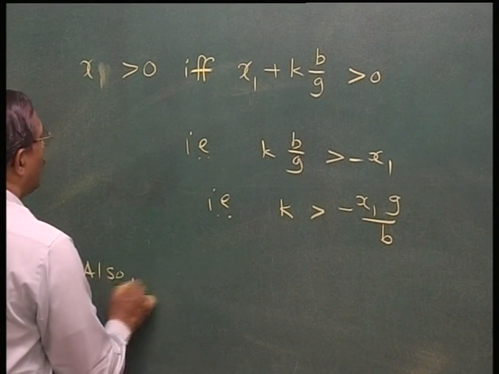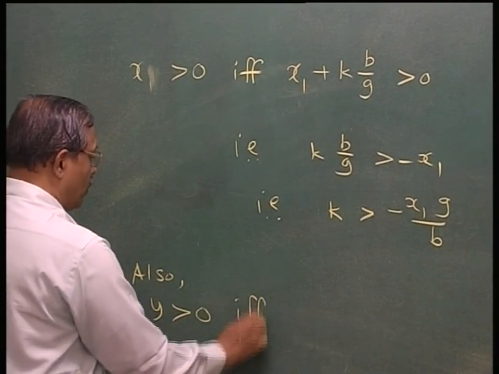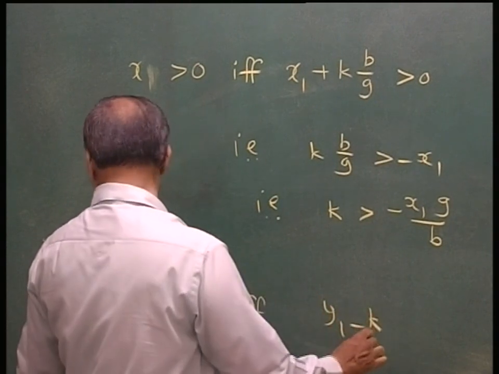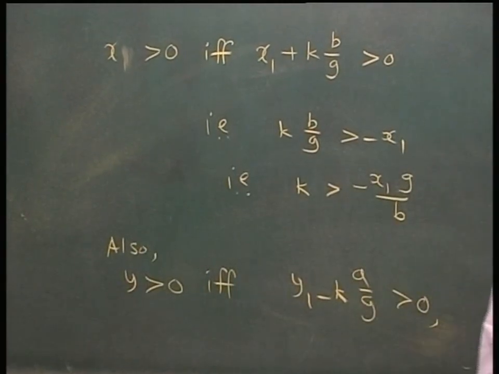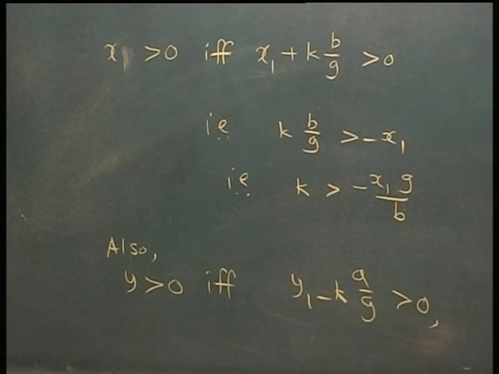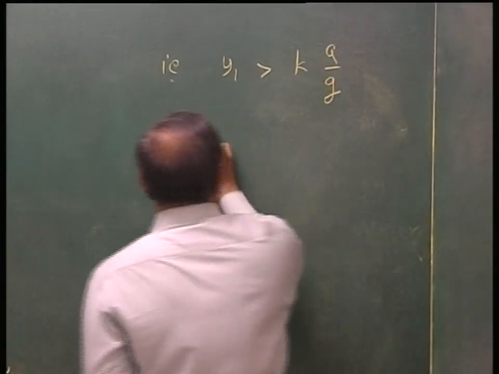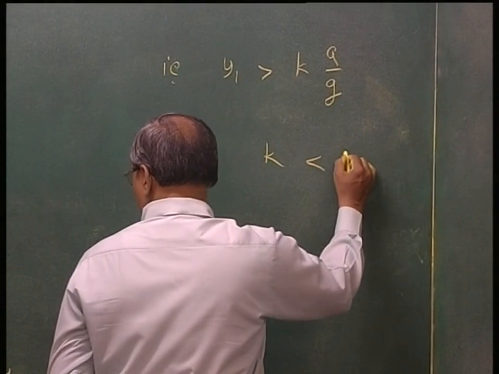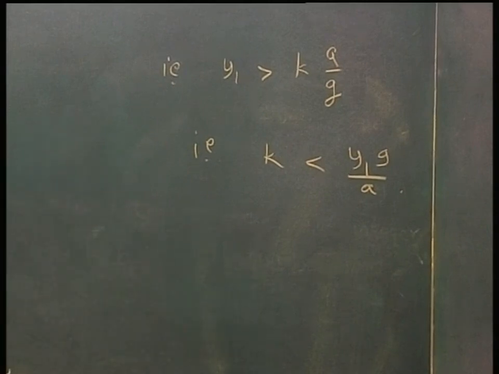Also, y is bigger than 0 if and only if y1 minus k a by g is bigger than 0, that is y1 is bigger than k times a by g, that is k is less than y1 g by a. So we get conditions on k.